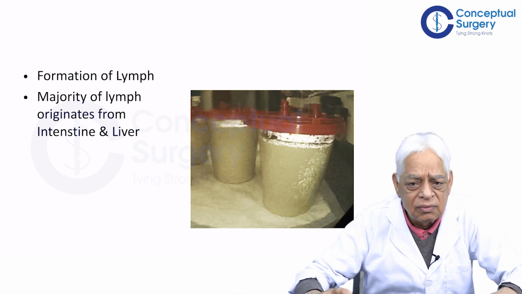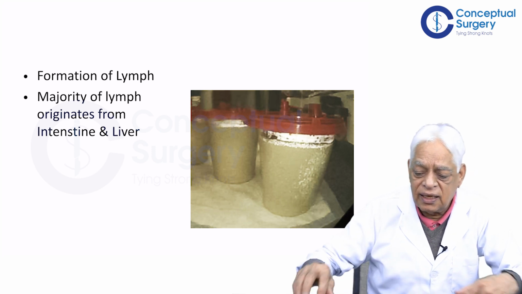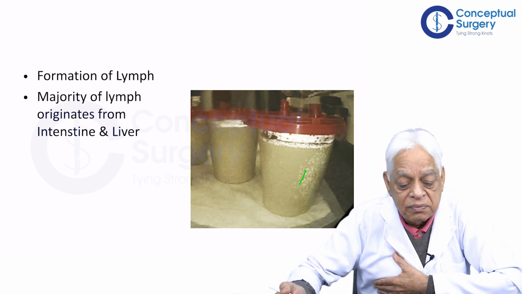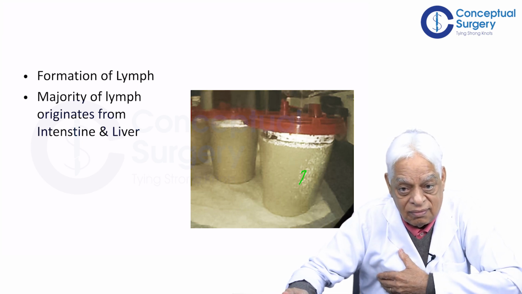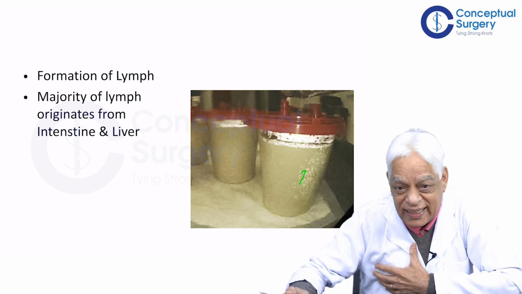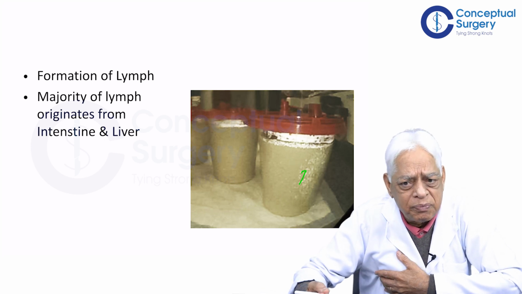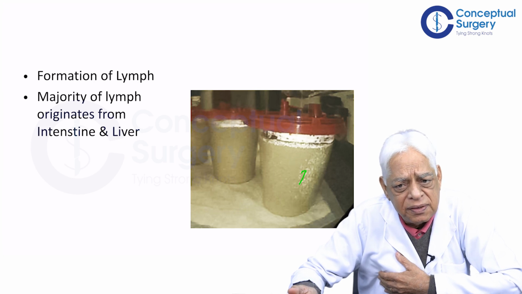I don't know, how often have you seen ascitic fluid which looks like milk? What is also called muddy ascites, a milky ascites, which looks as if this glass is full of milk.